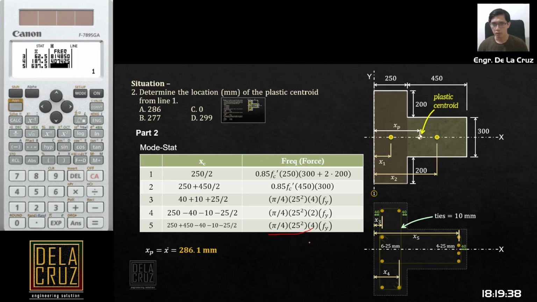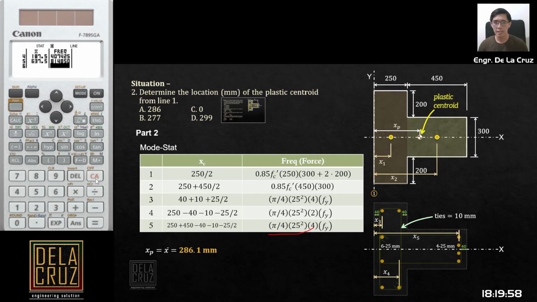Alright, fifth row, that's in A. You have A times 4 times Fy.